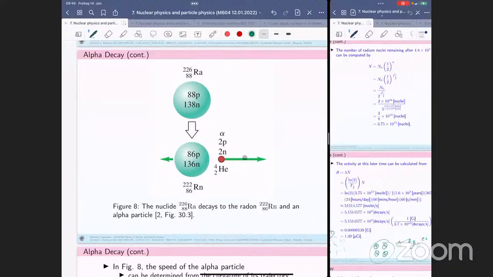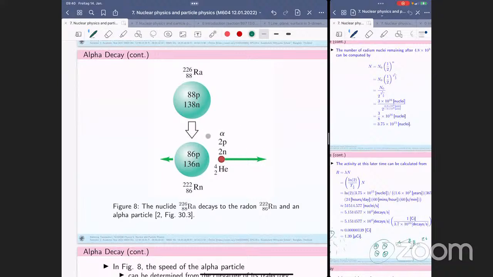And if you measure the mass of this one and this one collectively, you would find that the mass of the initial nucleus of the radium is greater than the summation of the mass of radon and the mass of helium.